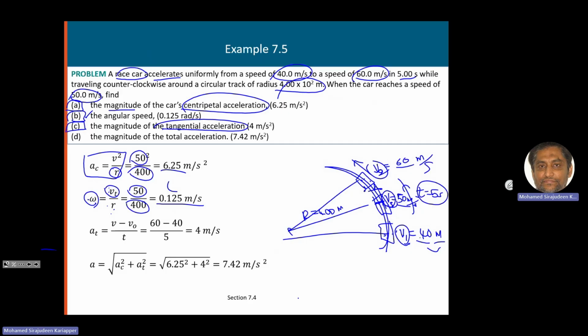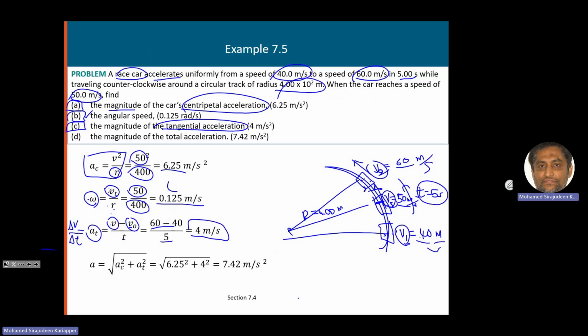Then you can say the average acceleration by the definition of average acceleration, delta V divided by delta T. Delta V means the velocity at the end minus the velocity at the beginning. So V final minus V initial divided by the time. That will give the average acceleration while this car is moving from here to here.